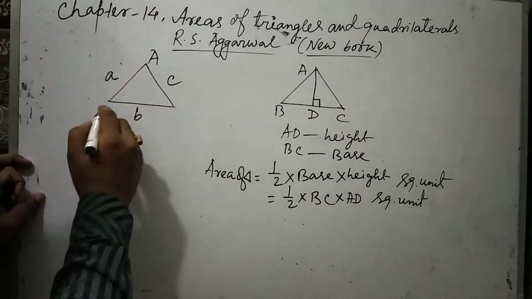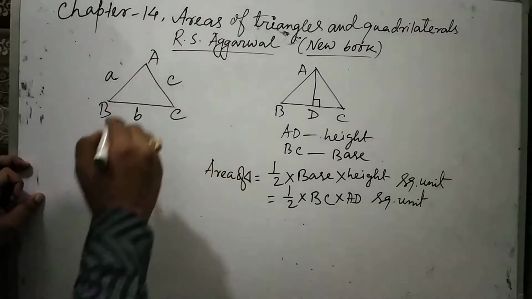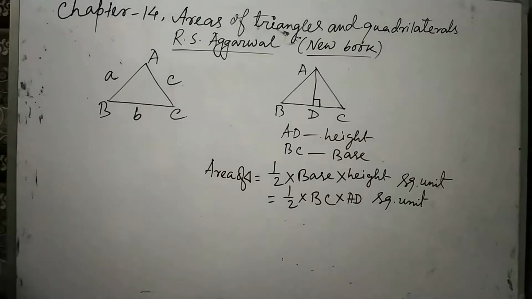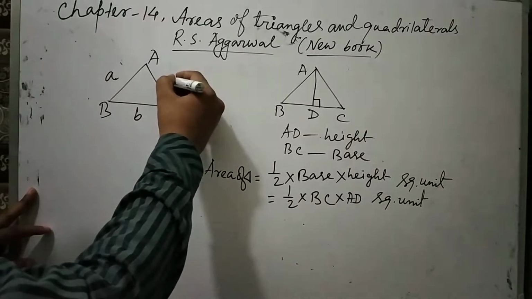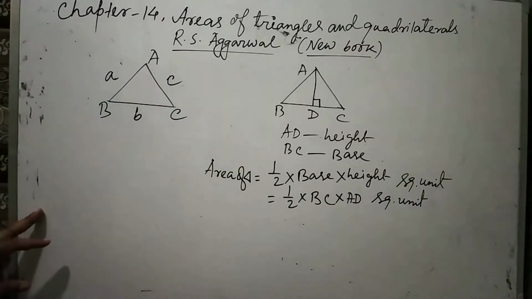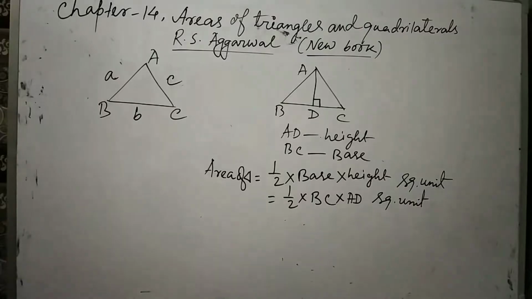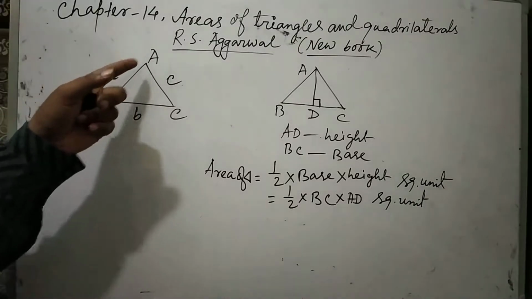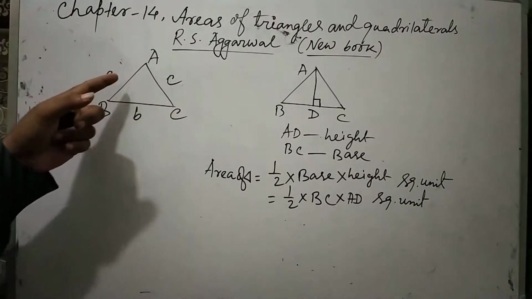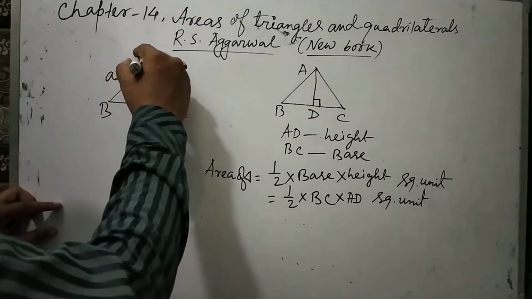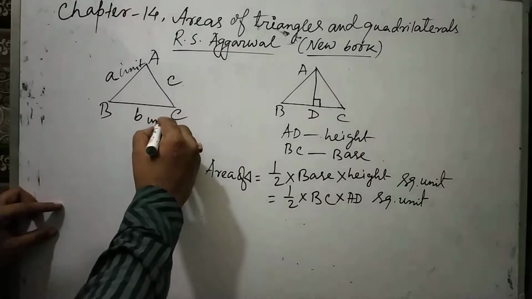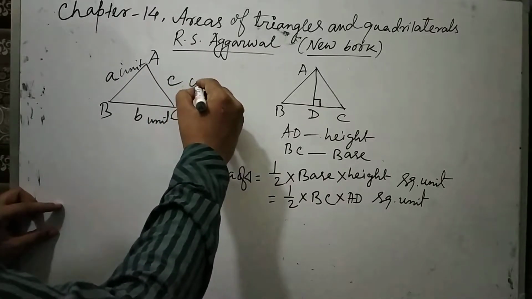Suppose ABC is a triangle, this is capital C, this is small c, and the lengths of the sides of the triangle ABC are A unit, B unit and C unit.